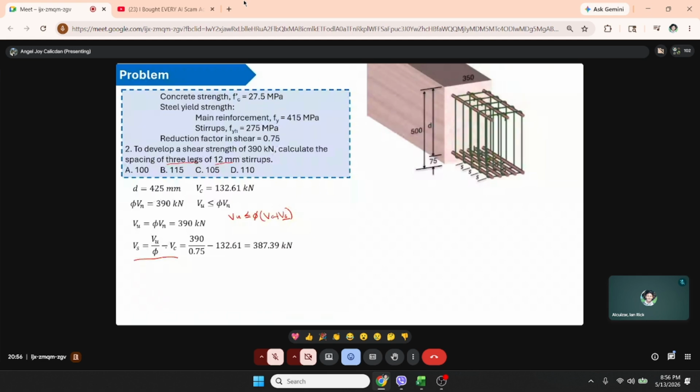And Vu is 290 over phi of 0.75 minus Vc of 132.61, and you have Vs equal to 387.39 kilonewton.